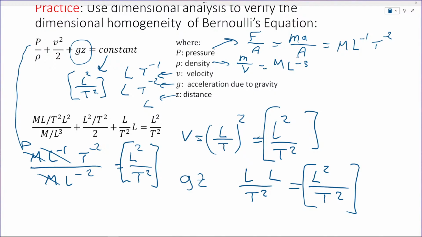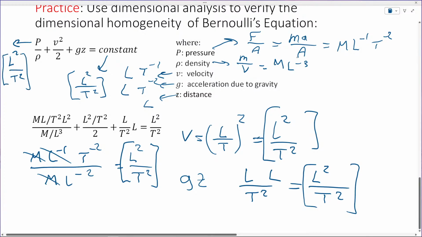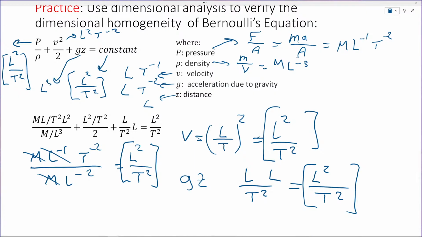This term here will have the unit L square over T square. This term here will have the same L square over T square. This guy here will have L square over T square. So what does this tell us?